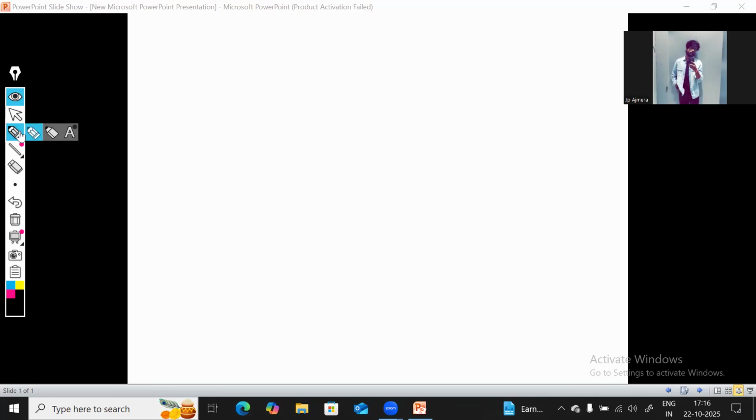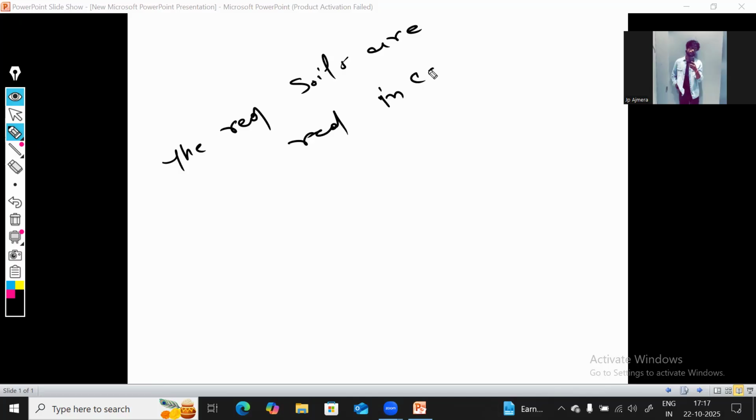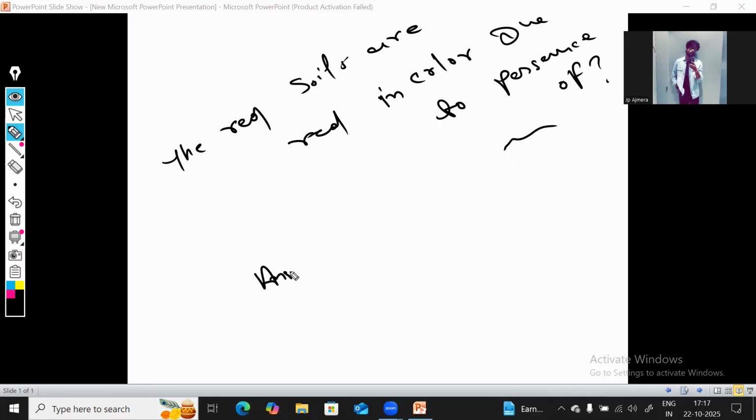All right. Let's go to the next one. Red soils are red in color due to presence of... In different soils, the color is mainly due to different kinds of minerals.